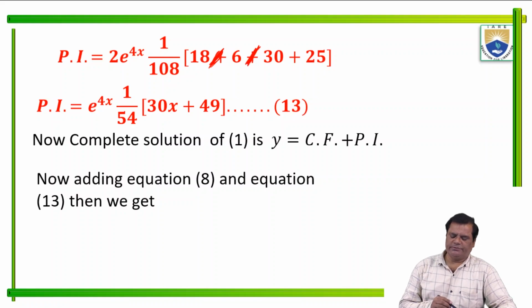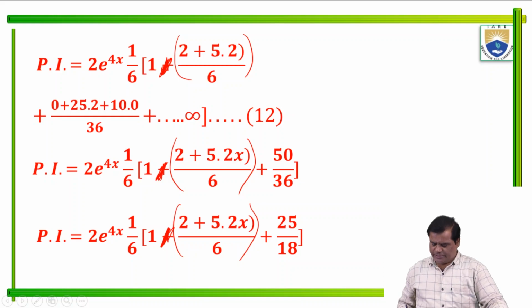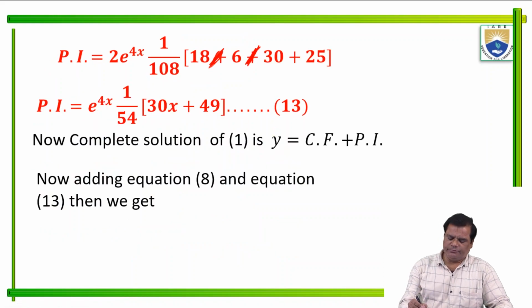Now x does not come in this. Here 5 times 10x, 10 times 3 is 30x, so here is minus 30x.